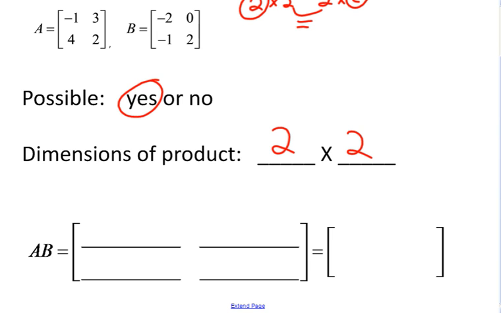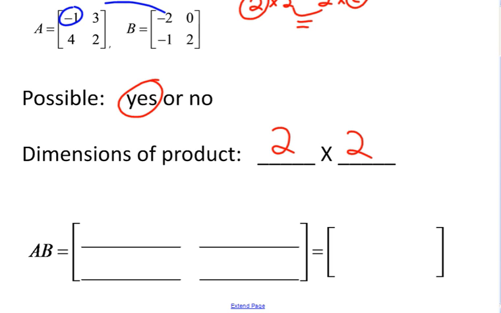Okay, so what we want to do now is multiply. We always want to take the first row of the first matrix, because A times B. So we're going to take negative 1 and 3 and multiply it by the first column, negative 2 and 1. And we're going to add those sums together. So you always take the first times the first in the column.